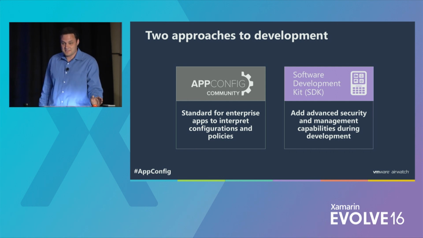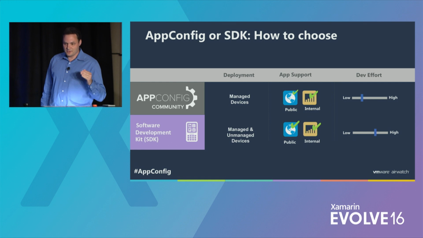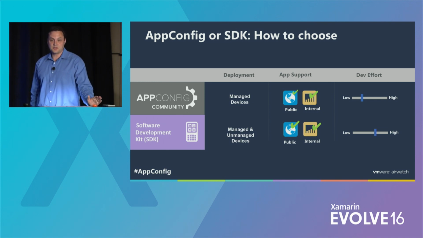Sometimes it makes sense. Sometimes you really need one. If the device is not managed, then an SDK is the way to go. If the device is managed, you should start with AppConfig and switch to an SDK only if you find that you need it. But AppConfig should be your starting point for all your managed devices.